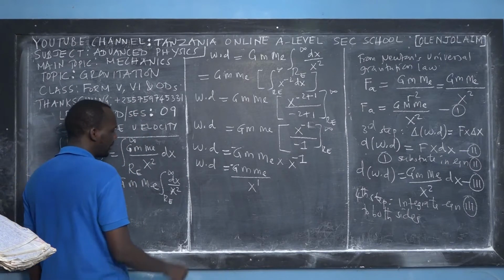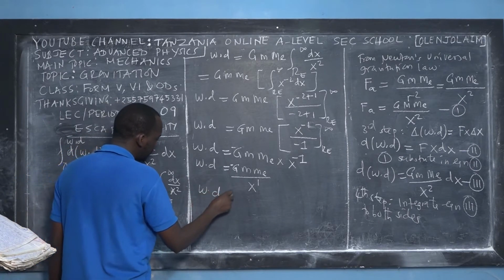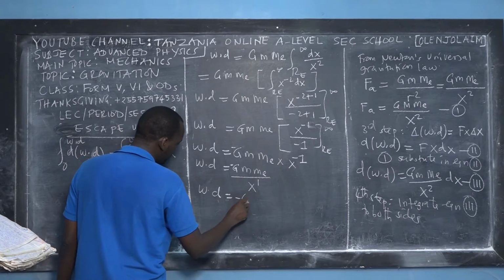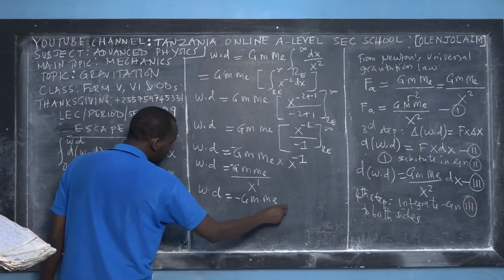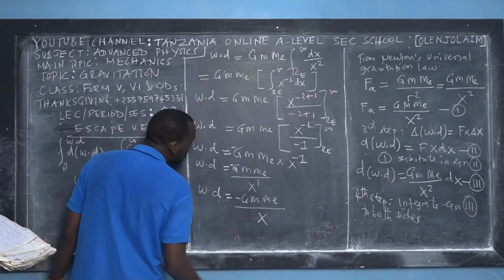So simply this is the work done required to take a body from radius r to infinity: negative G, mass of the body, mass of the S, over x power 1.